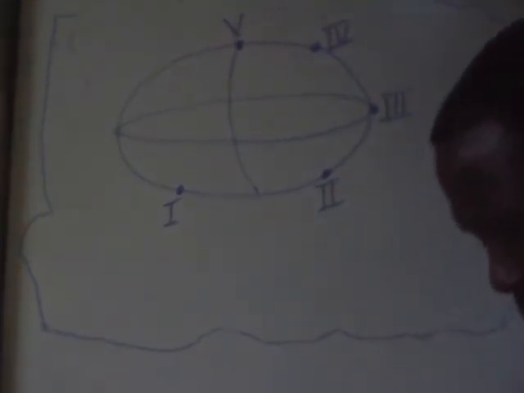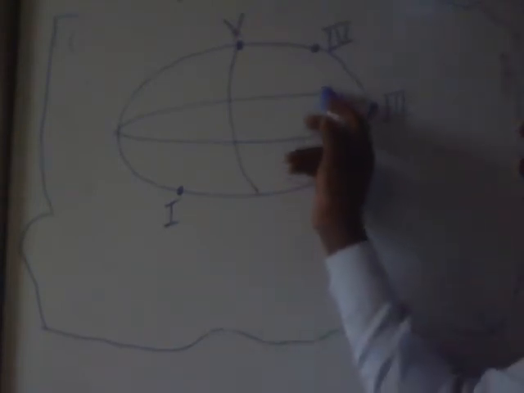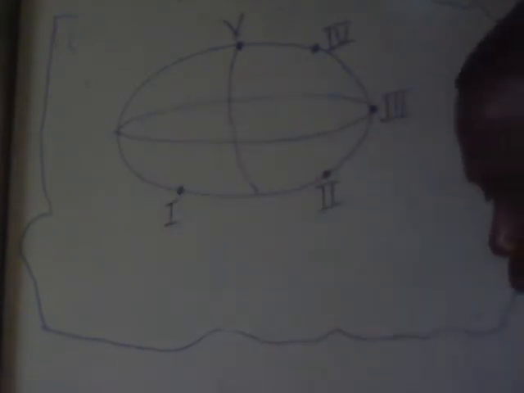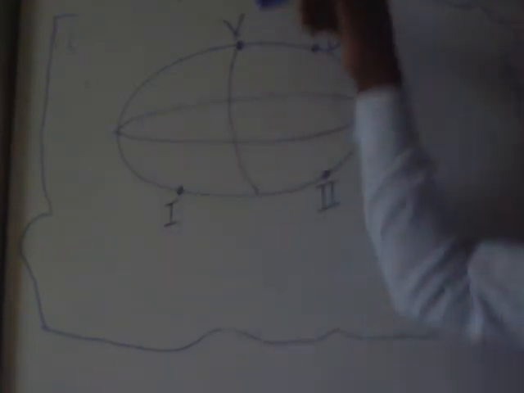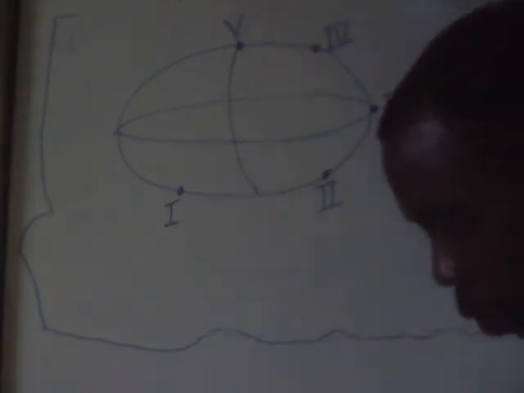So they just said that the diagram below represents the Earth, showing the equator, and then the poles, North Pole and South Pole.